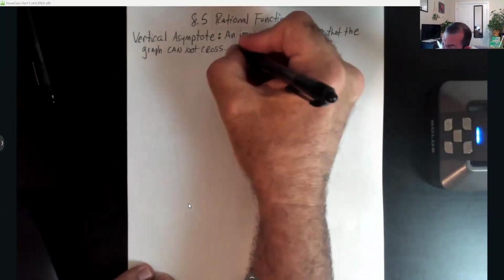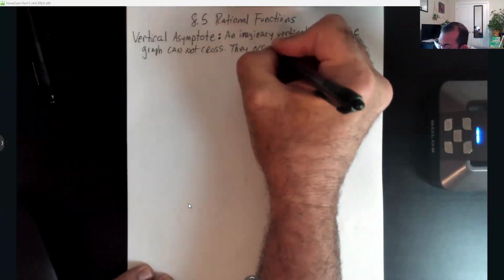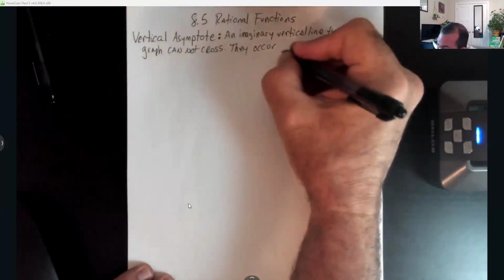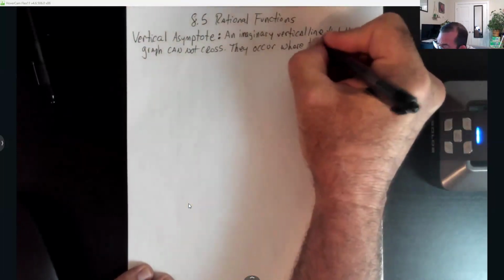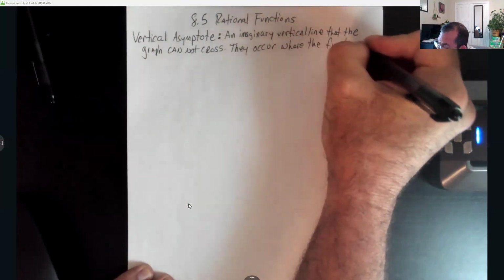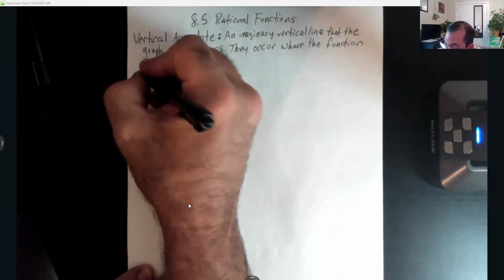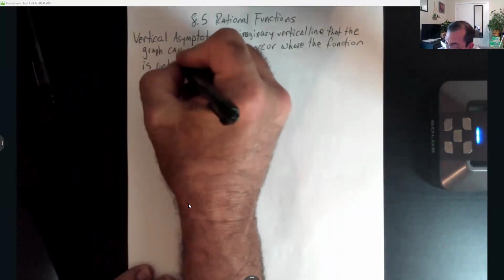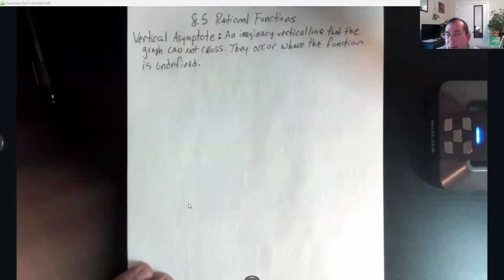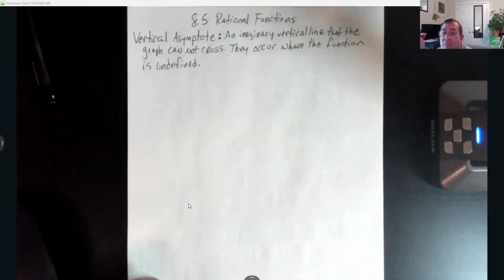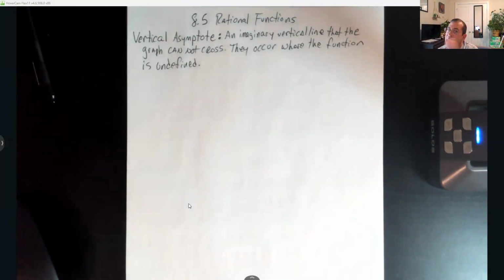Y'all, that's because they occur where the function is undefined. If you've got an x value that makes your function undefined, then where the graph reaches that x value, it can't cross over it because it's undefined. How can you put a point on that line if it's undefined?